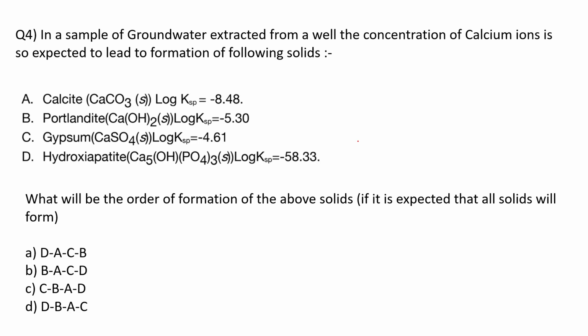All these are in solid form, but with different anions. One is carbonate, second is portlandite, that is calcium hydroxide, third is gypsum, meaning calcium sulfate, and D is hydroxyapatite. This is a phosphate salt. Some are carbonate, sulfate, hydroxide. And we have seen the KSP values of all these as well.